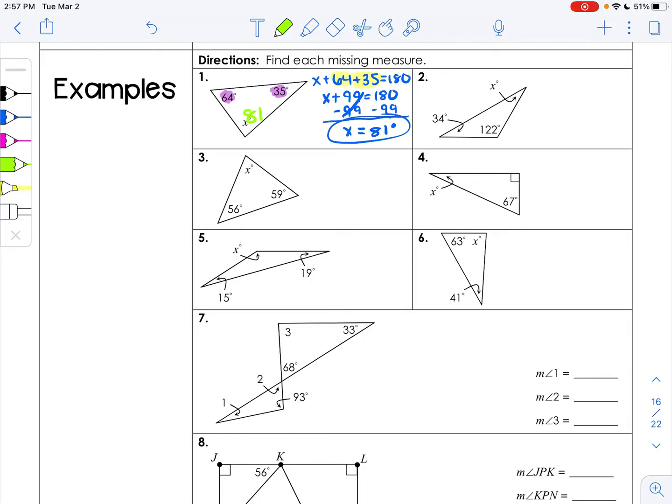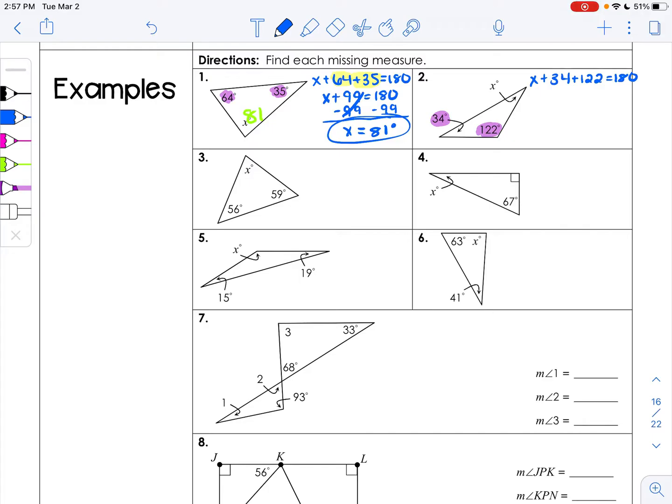Number 2, again, I have another triangle and I'm given 2 of the angles, 34 and 122. I can write a similar equation, x plus 34 plus 122 equals 180. My 3 angles added together equals 180.